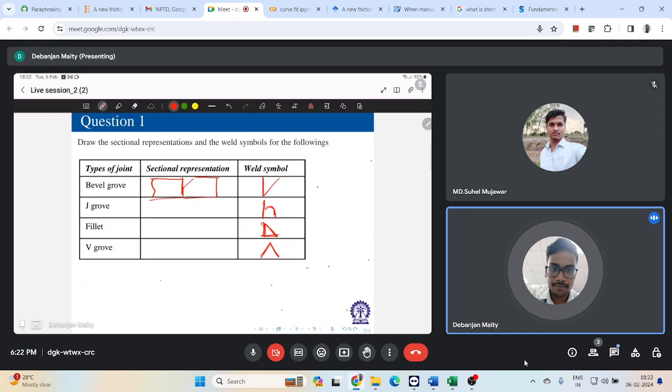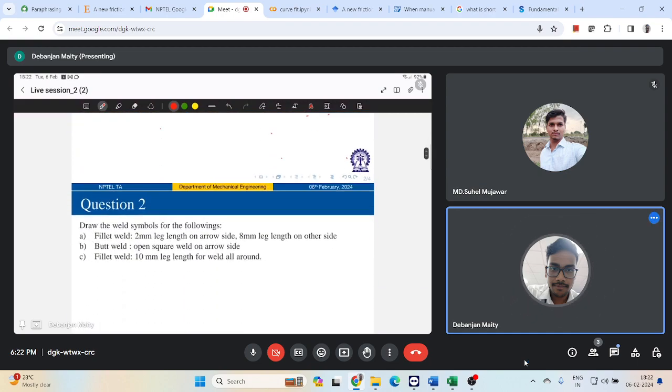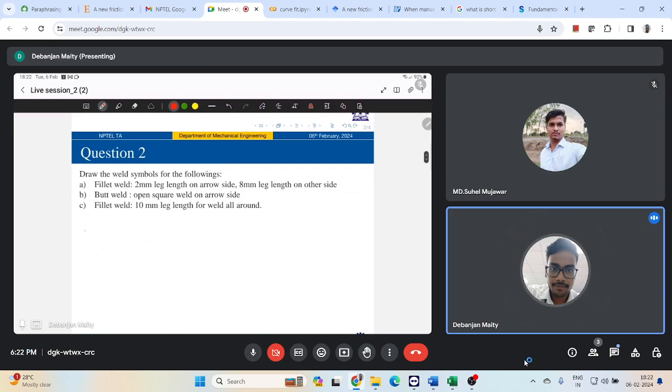And then I was mentioning that there are few extra symbol parts. So those are: you can have field weld, weld all around, backing or spacer, and melt through, right?